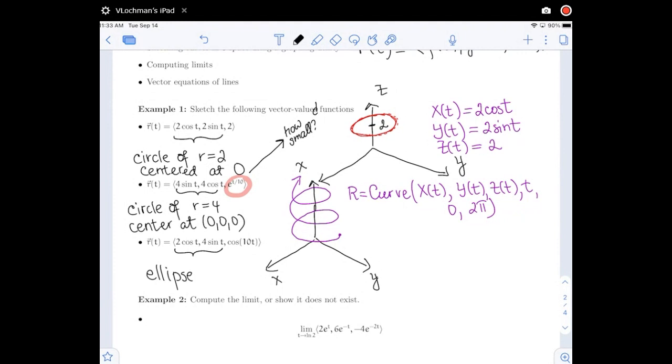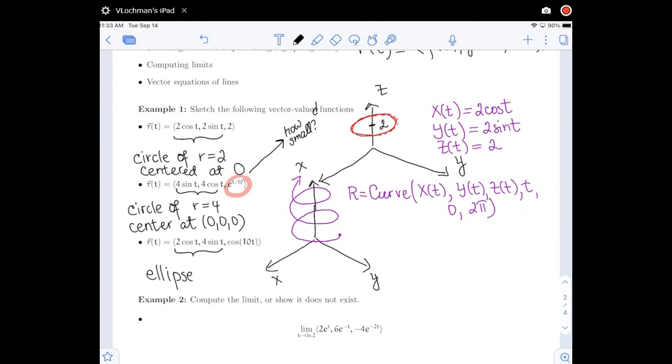Now imagine you have your ellipse, except that the third component, the height, is not constant. It's a function. It's a periodic function, a function that oscillates.